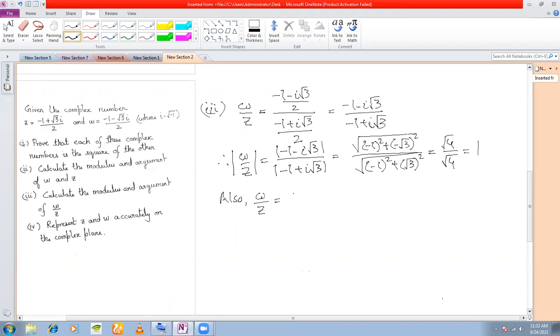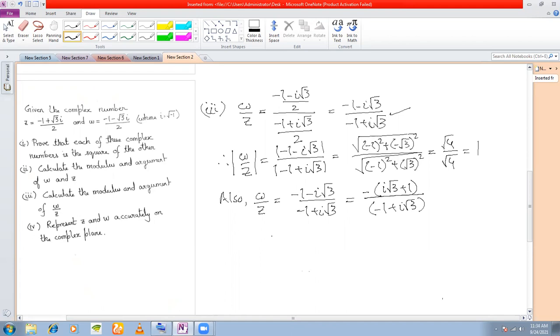Also, now you try to write omega by z in a plus ib form. Omega by z is clearly minus 1 minus i root 3 divided by minus 1 plus i root 3. If you do your usual realization of the denominator, you can take minus 1 common and you get i root 3 plus 1 divided by minus 1 plus i root 3 as it is.